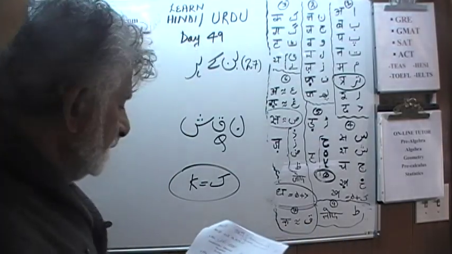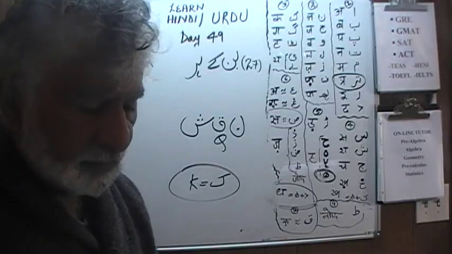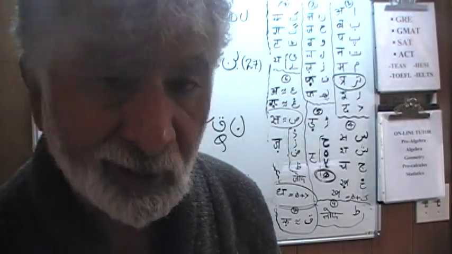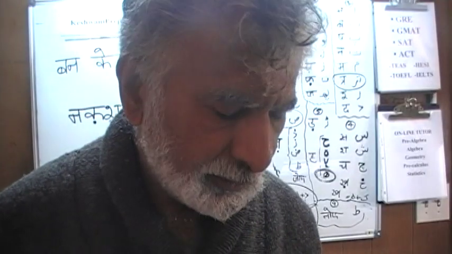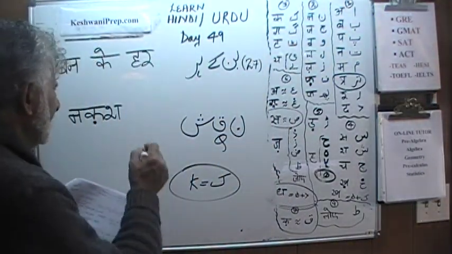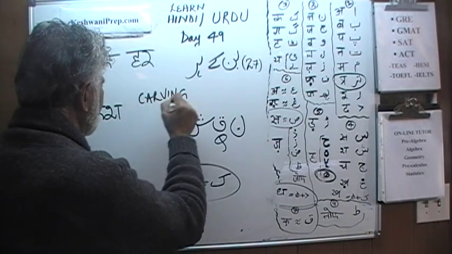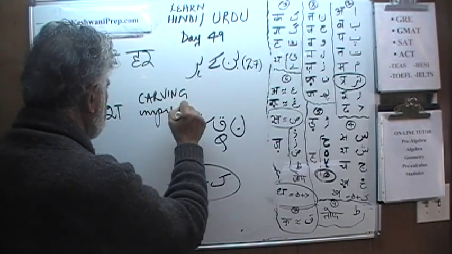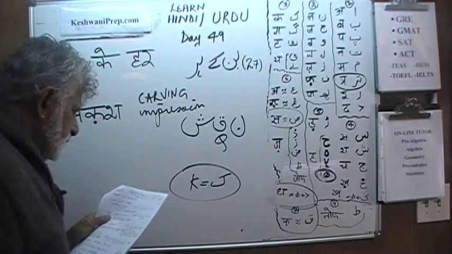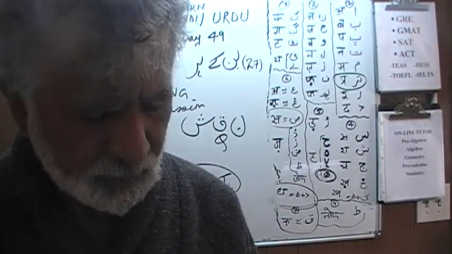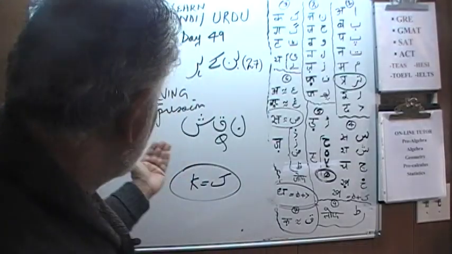Naqsh means impression, drawing, painting, picture, outline, engraving, not craving rather, carving, I meant to say. Carving. Impression. Picture, painting, drawing, whatever you want to call it. That's naqsh. That's the word.